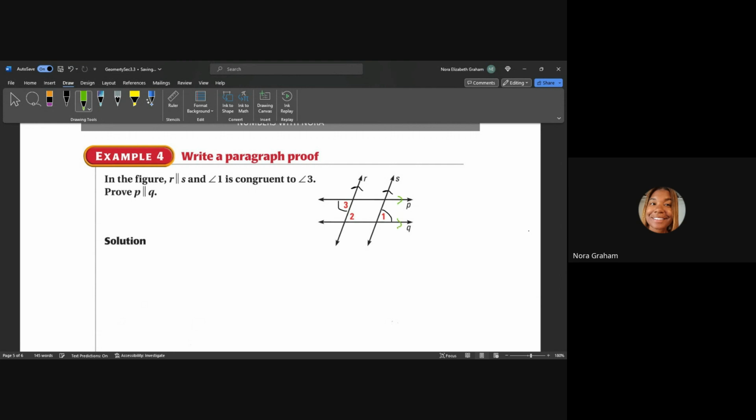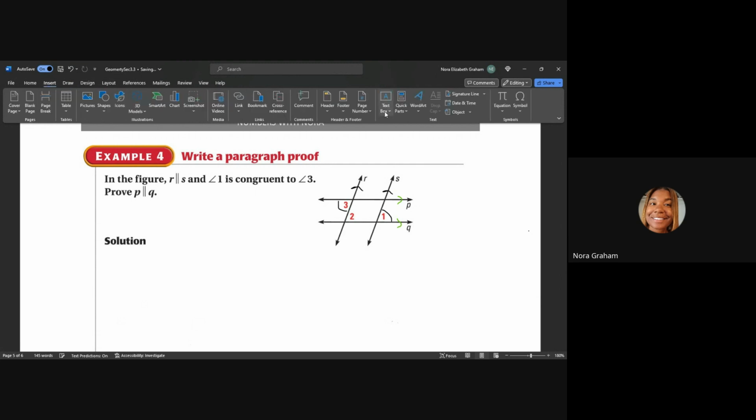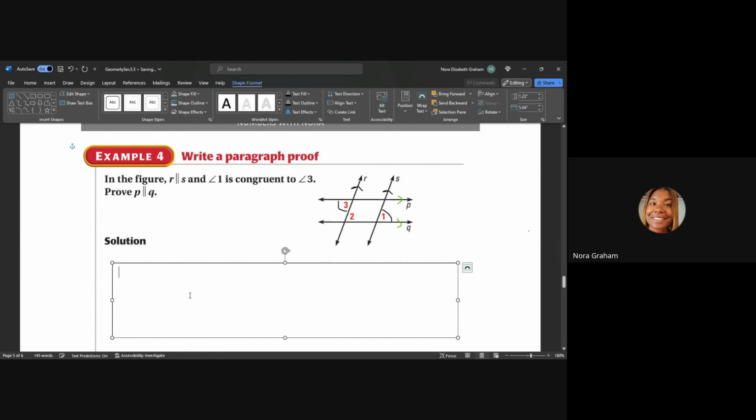So we always start with our statements, and then our reasons on the other side.